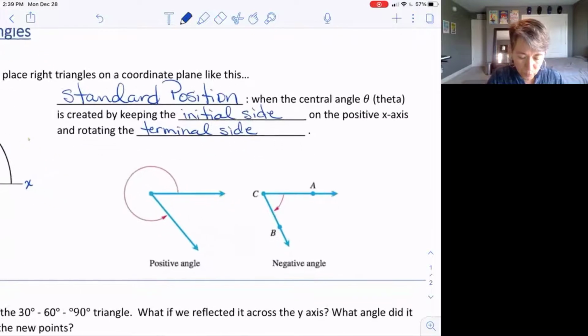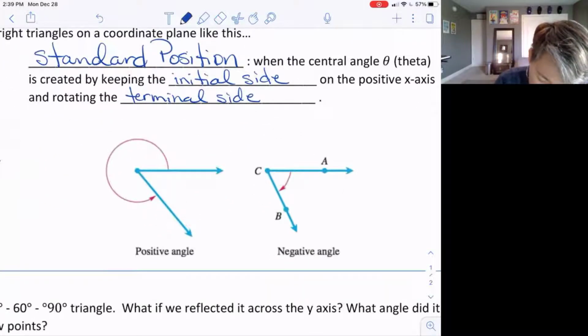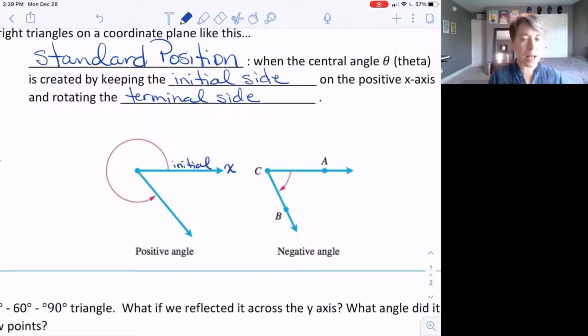So, for example, here, if we consider this to be the x-axis, this is the initial side. And if we rotate it around like that red arrow shows, this angle here is our theta, and this is our terminal side.